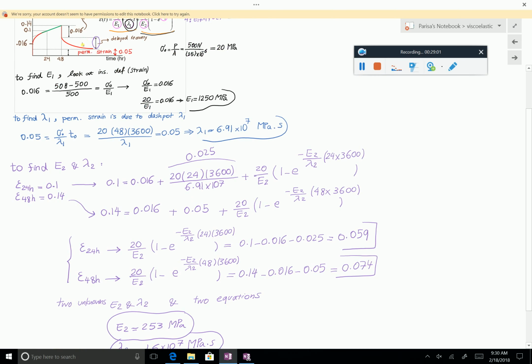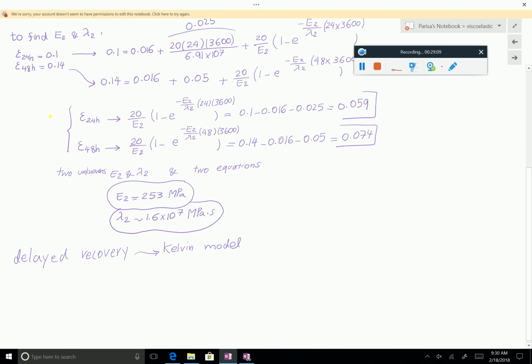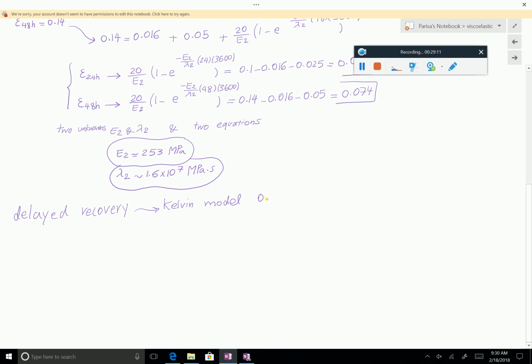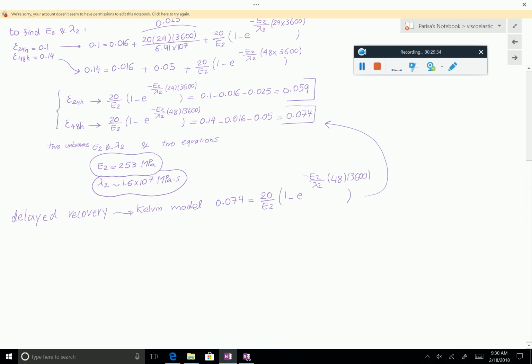So we would see immediately that this is 0.074, and we knew that this all is caused by the Kelvin model, which won't give us a different equation, but it's maybe easier and more understandable. It is just the same equation as when we substitute for strain at 48 hours.